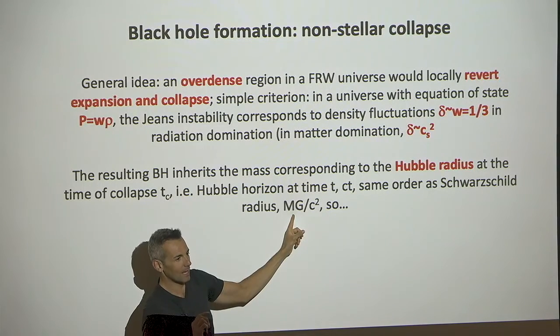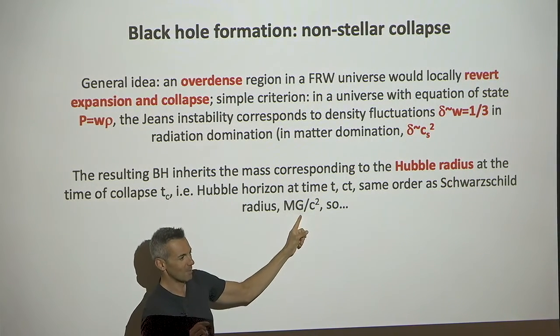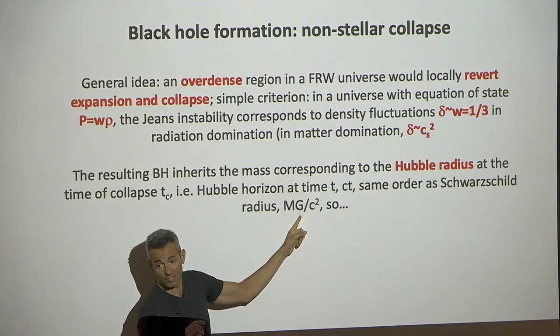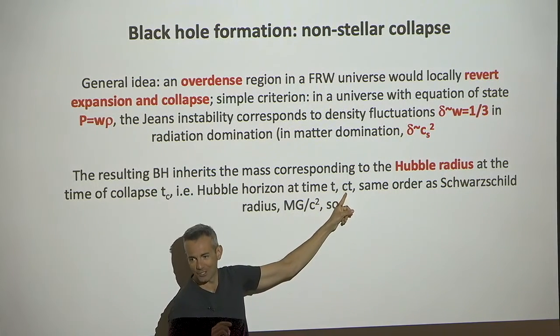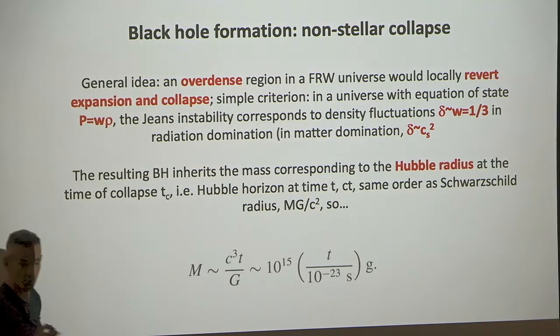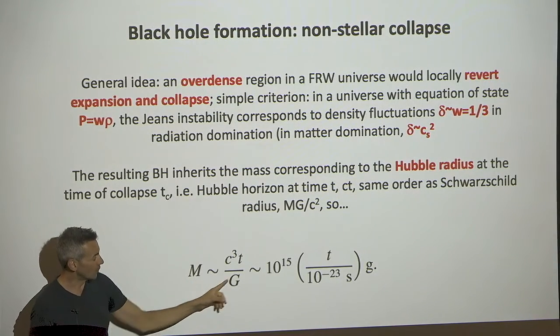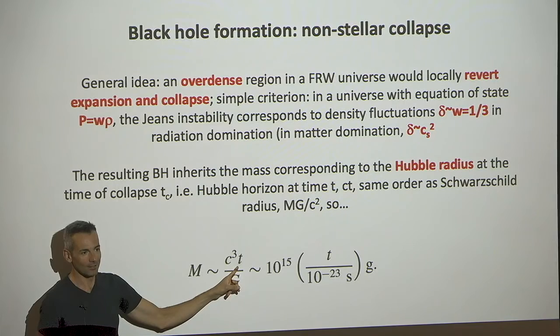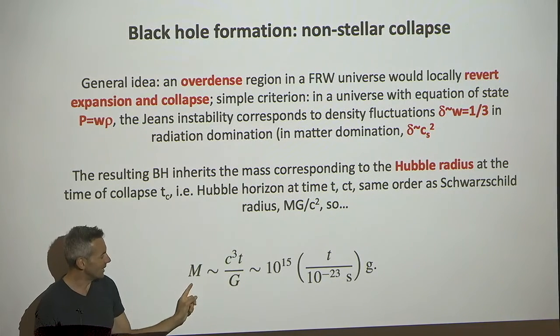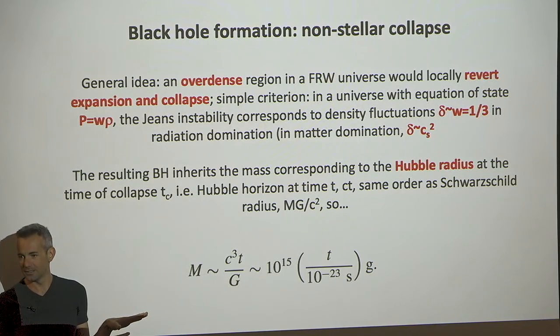I know that the black hole that forms will have this Schwarzschild radius, and this Schwarzschild radius must be equal to the Hubble horizon, which is the speed of light times the age of the universe. So ct equals GM over c squared, and I see multiple hands, just one second. So the mass of a black hole that forms when the universe was t old in time is c cubed t over G.